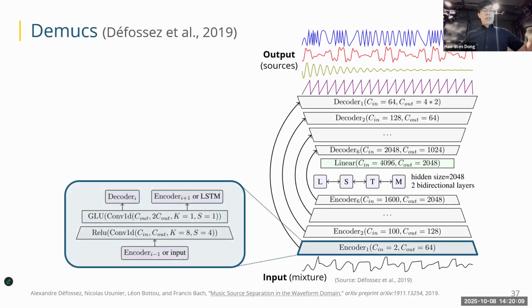Cool. So this is what they are doing. Basically, it's just a bunch of convolutional layers. So you see convolutional 1D, you have C in, C out, this is the channel, then kernel size, stride. So K equals 8, meaning that at each time it's like an 8-wide kernel, and then stride is 4.